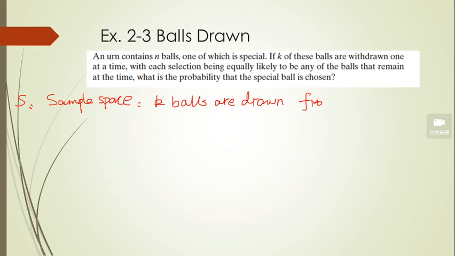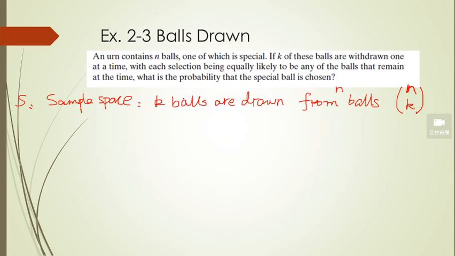How many different outcomes from n balls? So the different outcomes will be n choose k. They are drawing one at a time, but here the order does not matter. The order does not matter.